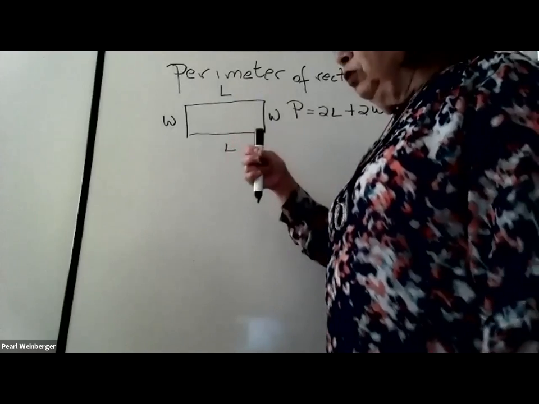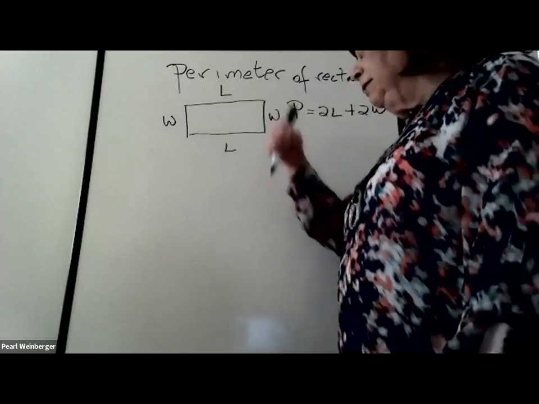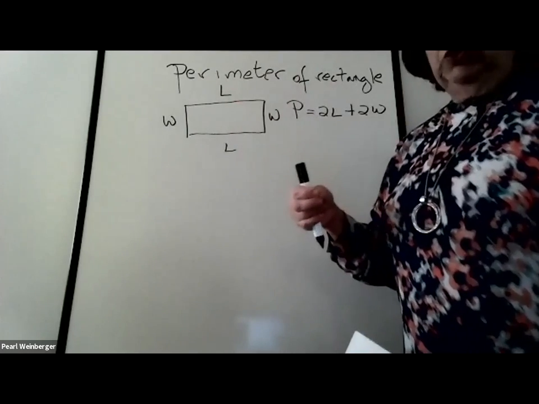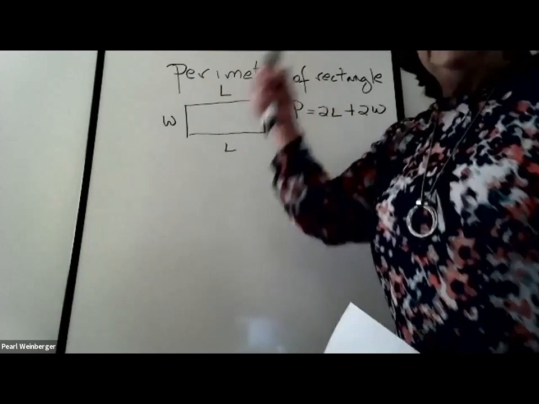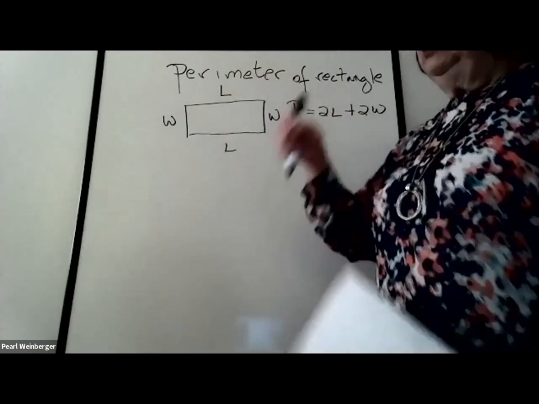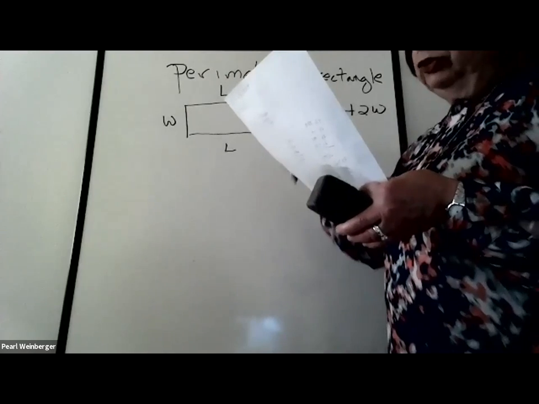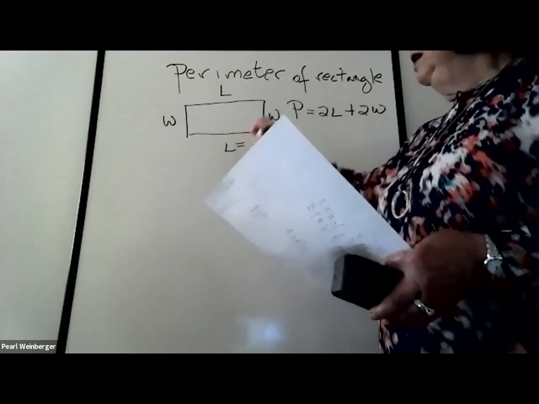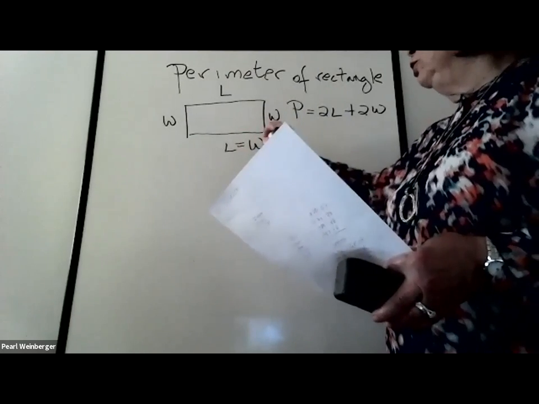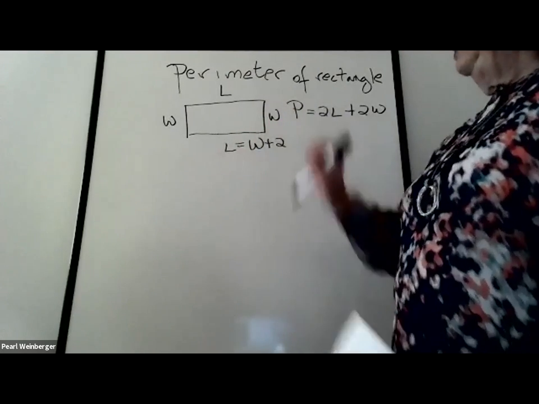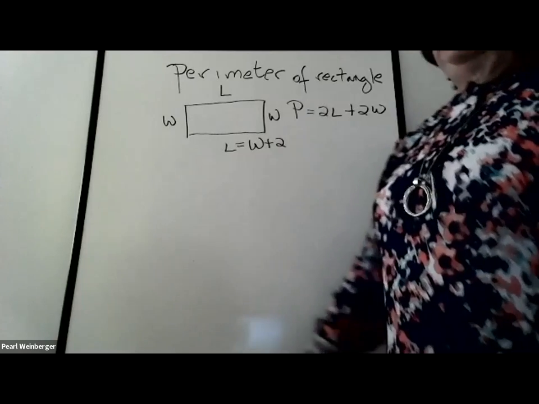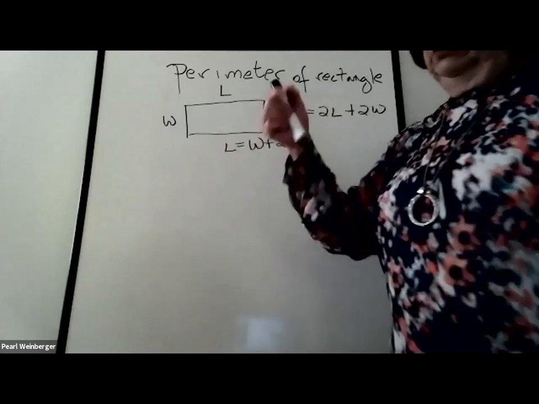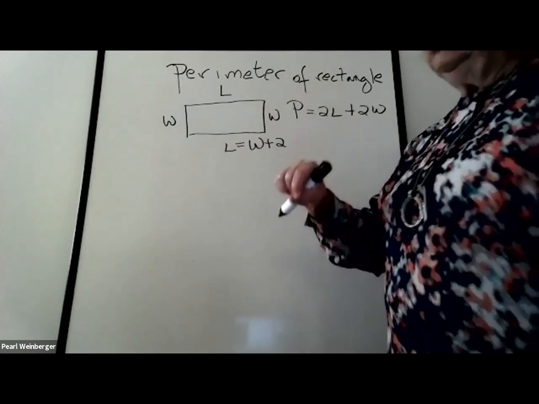So let's remember the words more, less, times, etc. When we say 2 more than something, we're taking 2 and adding it to what we started out with. To say that the length is 2 more than the width is telling me that L is W plus 2. 2 more, add 2 to your W. If it had said 2 less, then instead of adding the 2, I would be subtracting the 2.